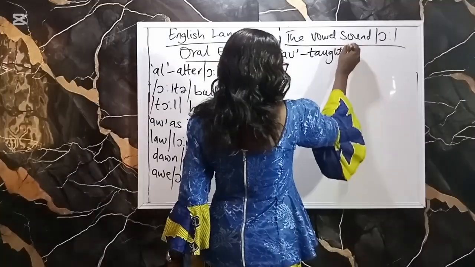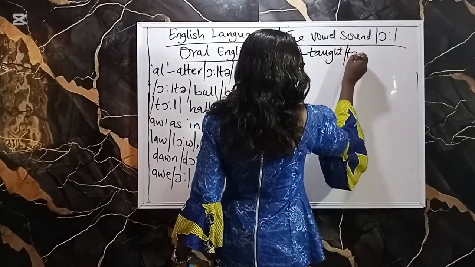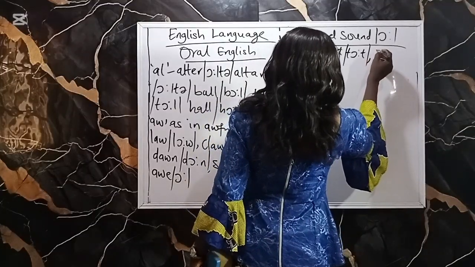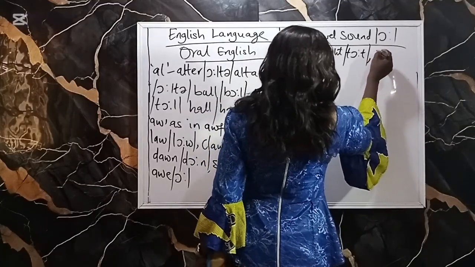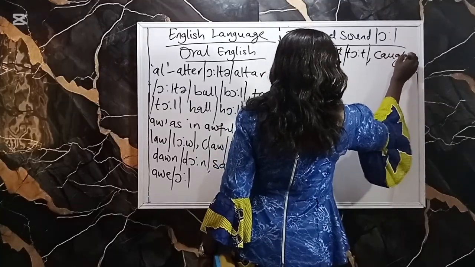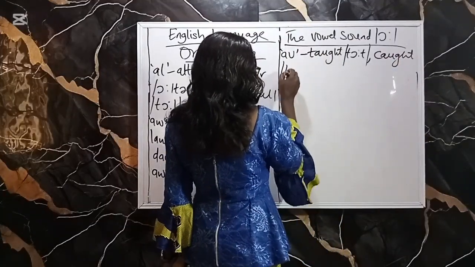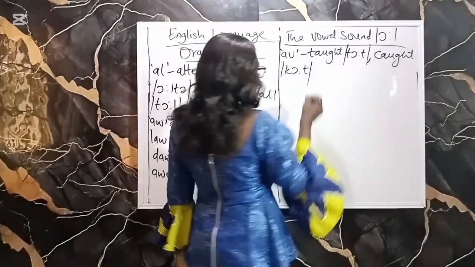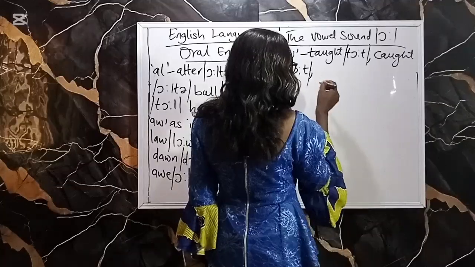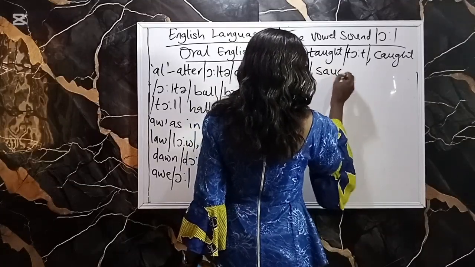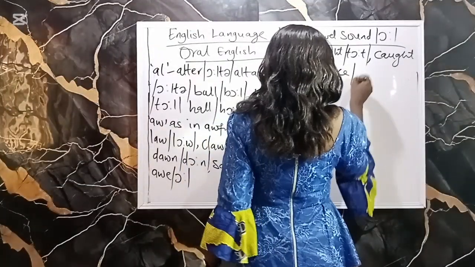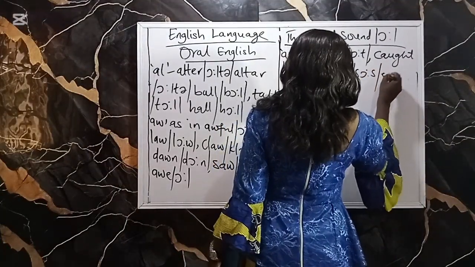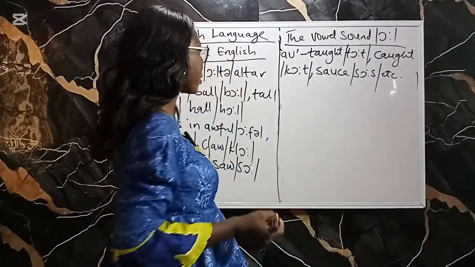That is past tense of teach. Remember AU. Taught. Apart from taught, we also have caught. Caught. We put the sound caught. Then we have words like sauce. Sauce. We put the sound sauce, and so on. Let's leave it like that.